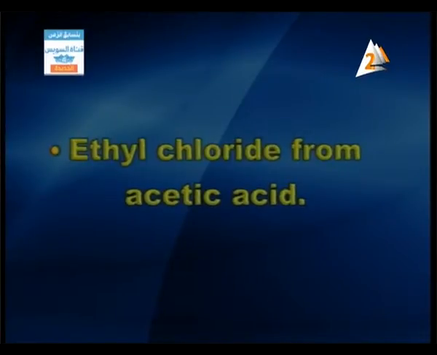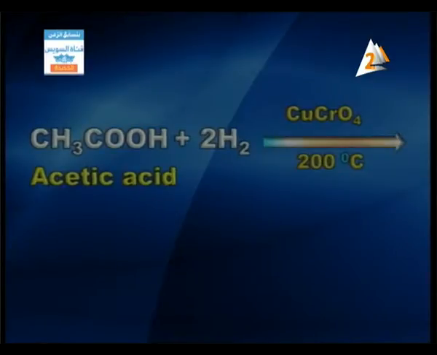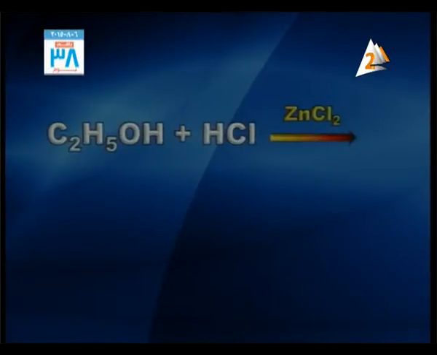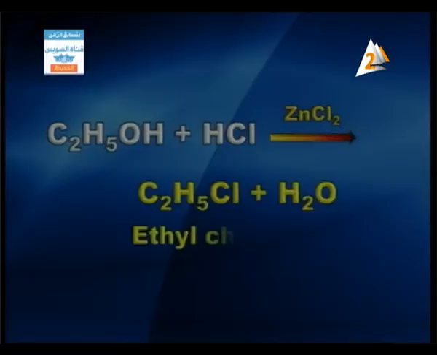Next one, ethyl chloride from acetic acid. Acetic acid, when reduced with hydrogen in the presence of copper chromate at 200 degrees Celsius, gives ethanol releasing water. Then ethanol, when reacting with hydrogen chloride in the presence of zinc chloride, gives ethyl chloride releasing water.